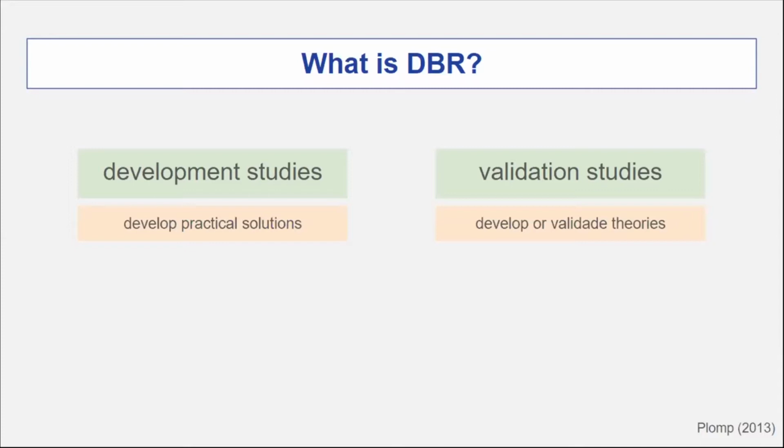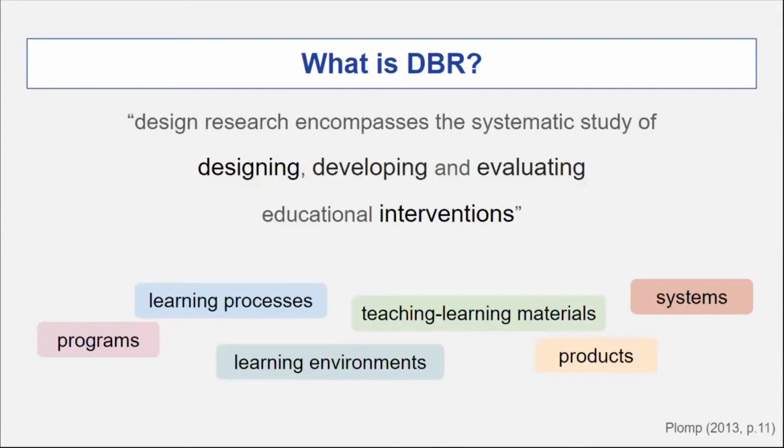In validation studies, the purpose is the development or validation of theory about processes of learning and teaching, for example. However, regardless of the purpose, design research encompasses the systematic study of designing, developing, and evaluating educational interventions. These interventions can be programs, learning processes, learning environments, teaching-learning materials, products, systems, and so on.